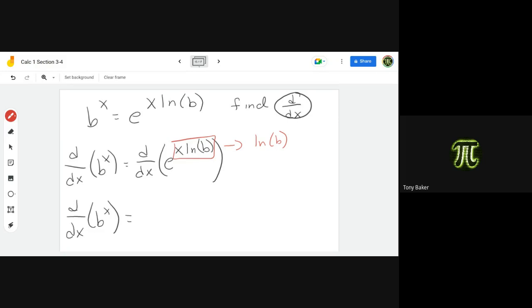No. What's the chain rule state? So my chain rule states that I have ln of b, right? Times the derivative of, what's the derivative of e to the whatever? It's just e to the x, right? So it's e to the x ln of b. Okay?